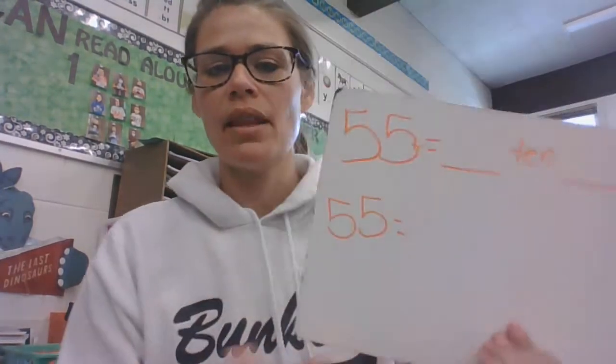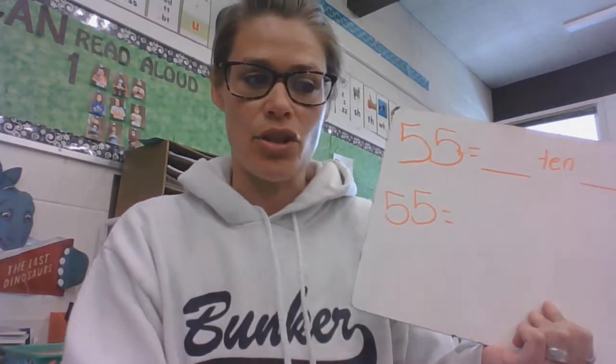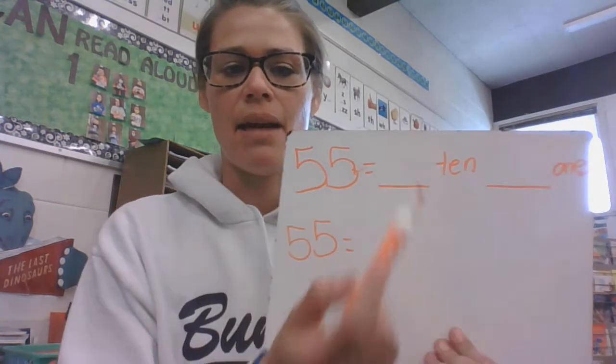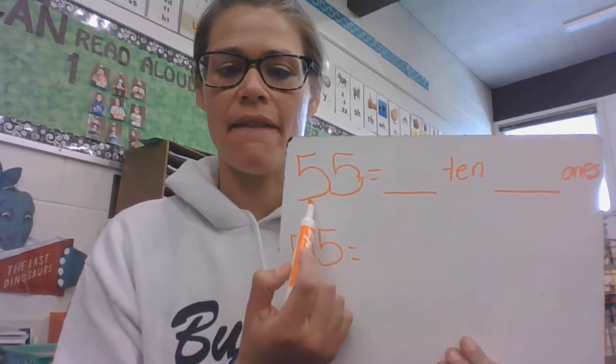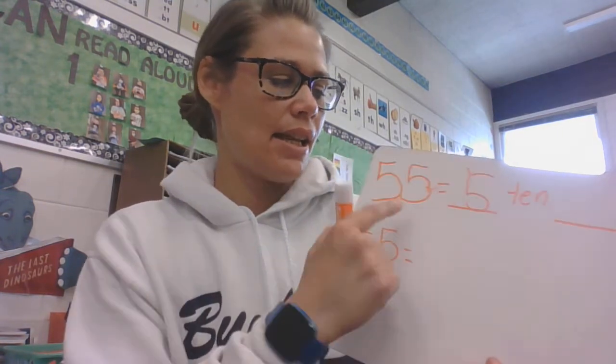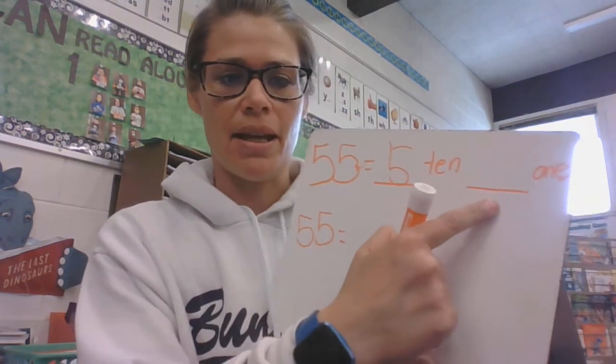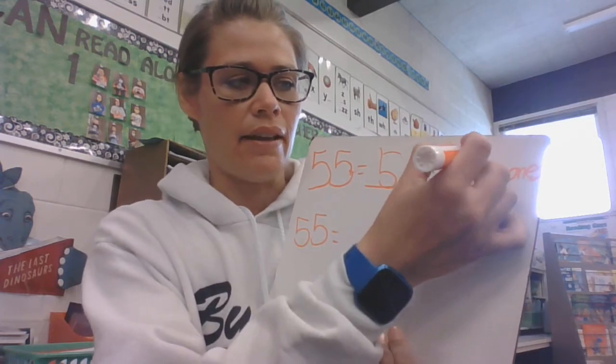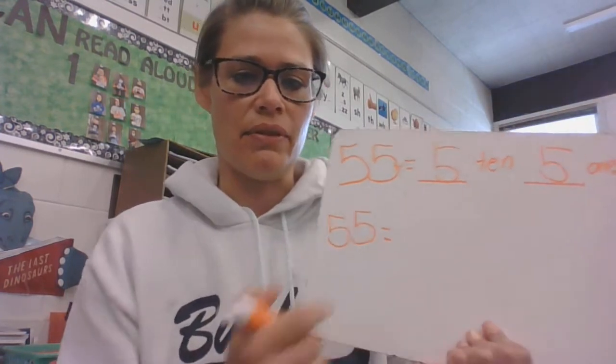So if I were to write that out on my board, here is my number 55 that I just showed you with our tens and our ones. How many tens were in 55? Remember that first digit tells me how many tens. So I have 5 tens, and that second digit tells me how many ones I have. I have 5 ones to make my number 55.